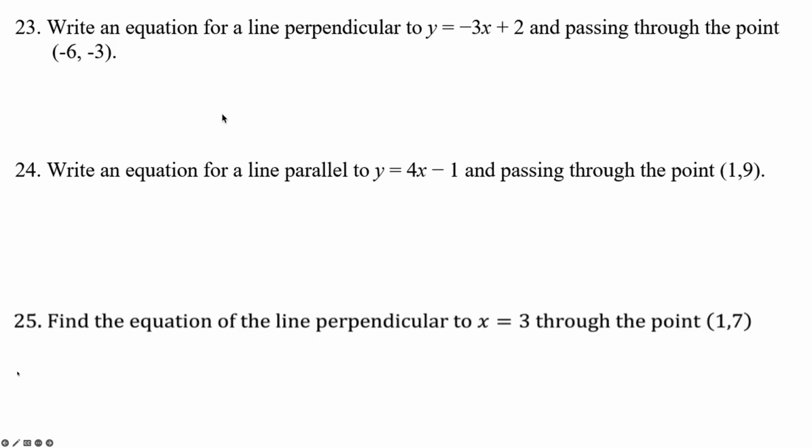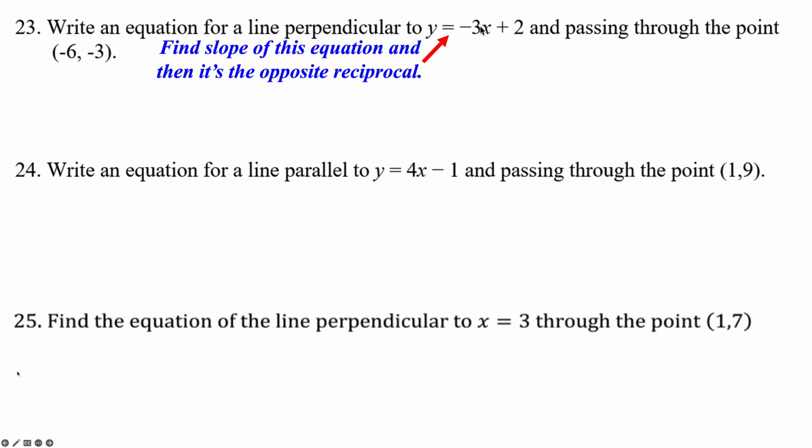23, write the equation of a line perpendicular to y equals negative 3x plus 2 and passing through the point negative 6, negative 3. All right, perpendicular means I need the opposite reciprocal of this slope. So right now my slope is negative 3 over 1. I need to flip it and change the sign.